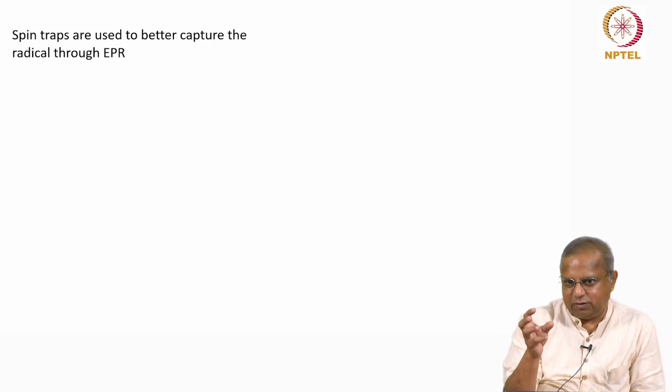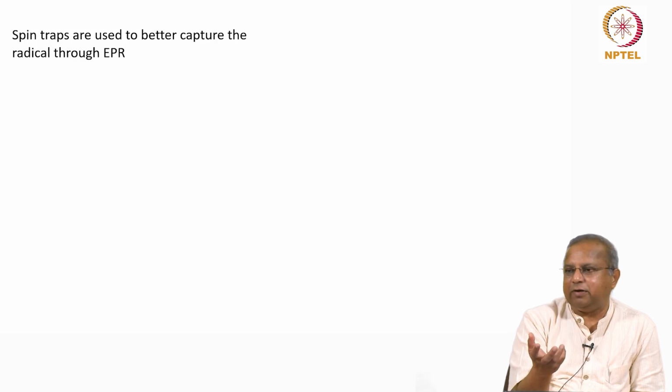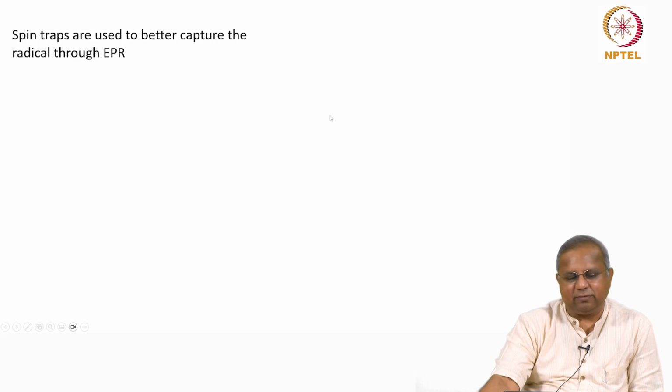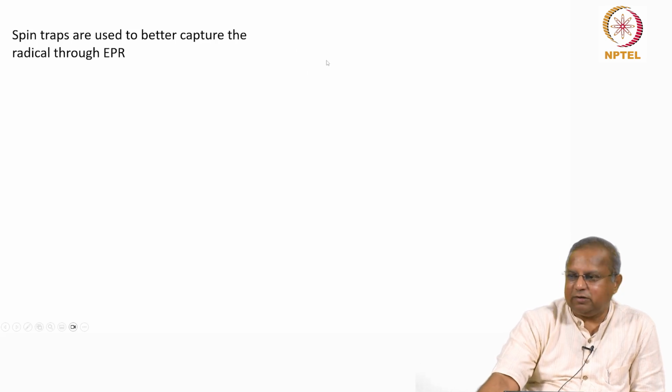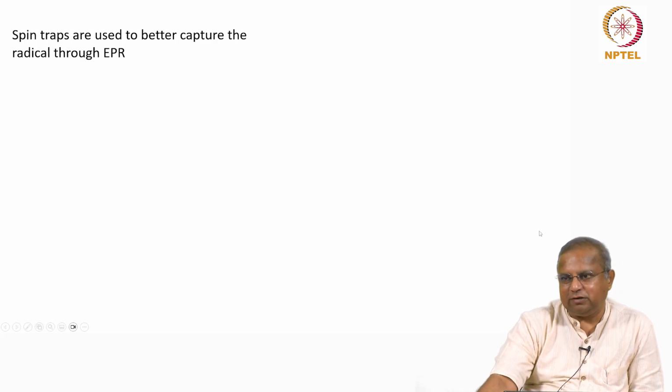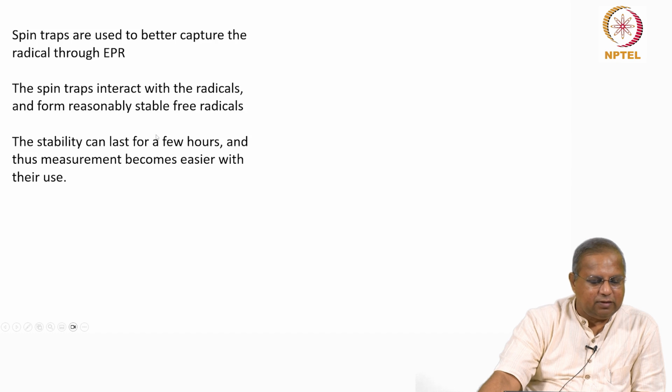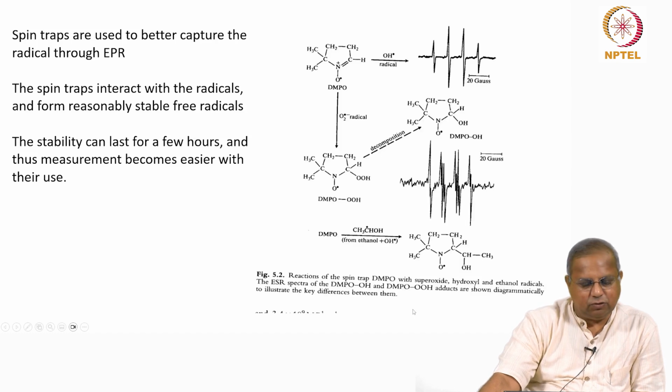So, you want to measure at a particular point, you capture it at that particular point into a stable radical and then measure the stable radical later. Those relatively stable radicals are called spin traps. The spin traps interact with the radicals and form reasonably stable free radicals. The stability can last for a few hours and the measurement becomes easier with their use.